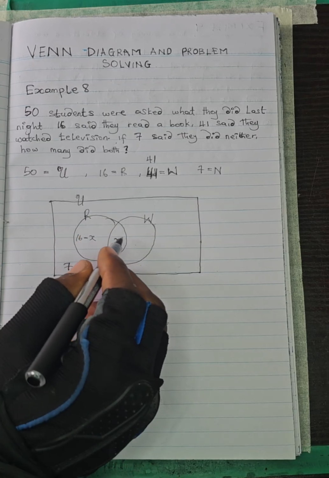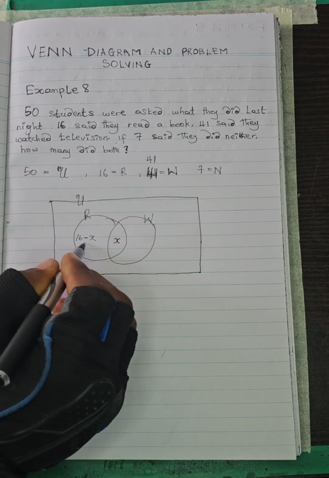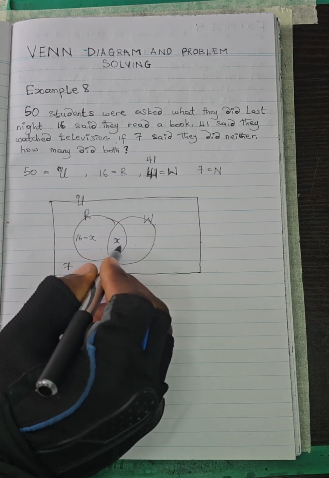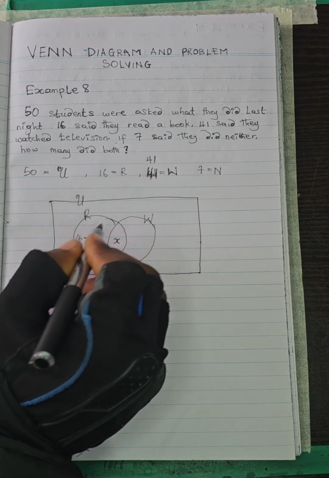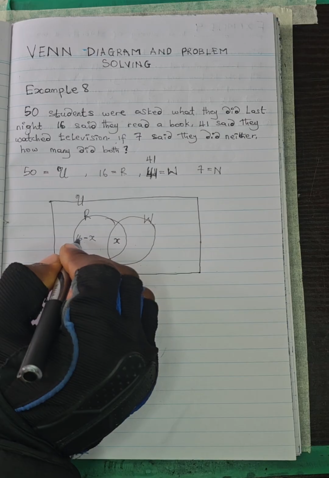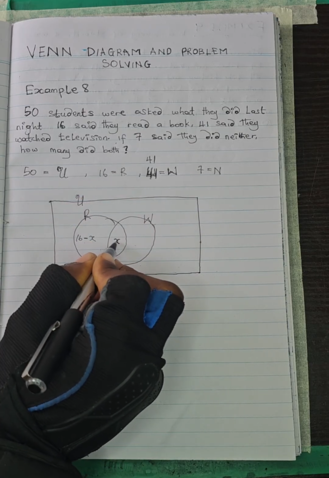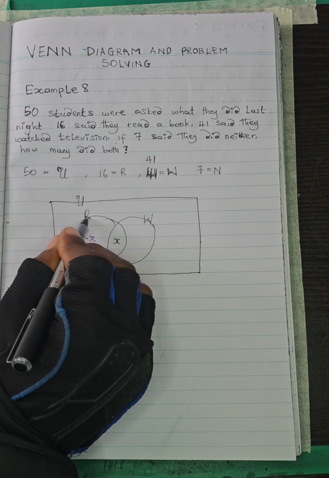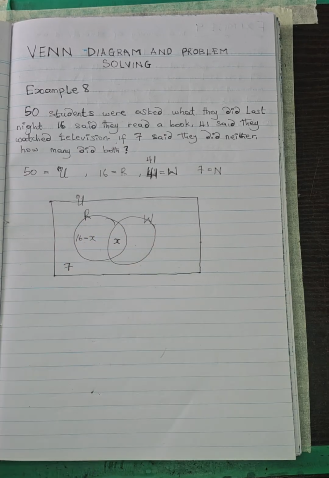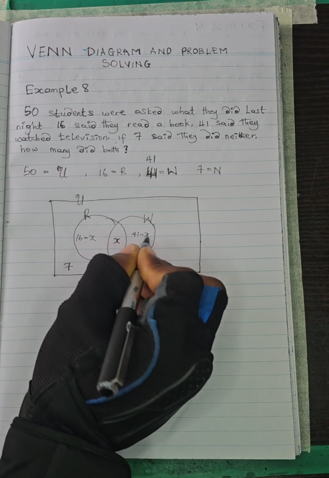So the rule is that for the circle you are looking at, the total number of people there must not be more. Even if you have an intersection, after putting it in, make sure that the intersection plus the non-intersecting figure still sums up to 16. So we have X here as those that read the book and also watch television. The next one, for watching television, we have 41 minus X.